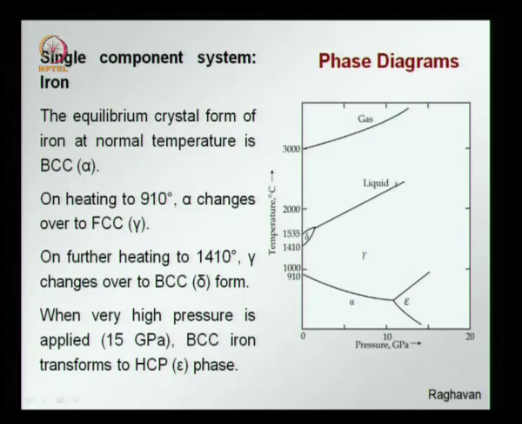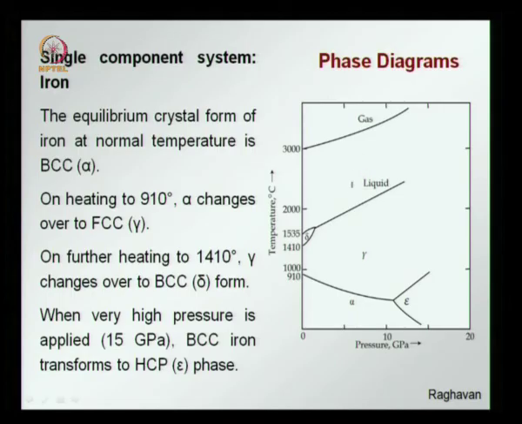These lines give the boundaries in terms of temperature and pressure when 2 different phases can coexist, that is, along this line gas and liquid can coexist, and along this line liquid and the gamma phase of iron can coexist.